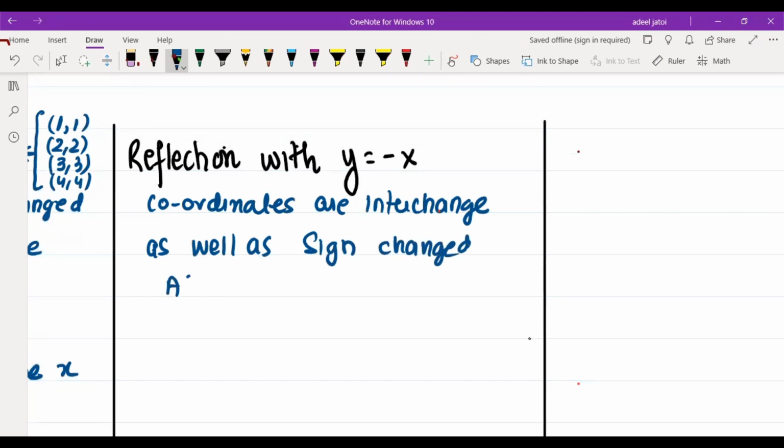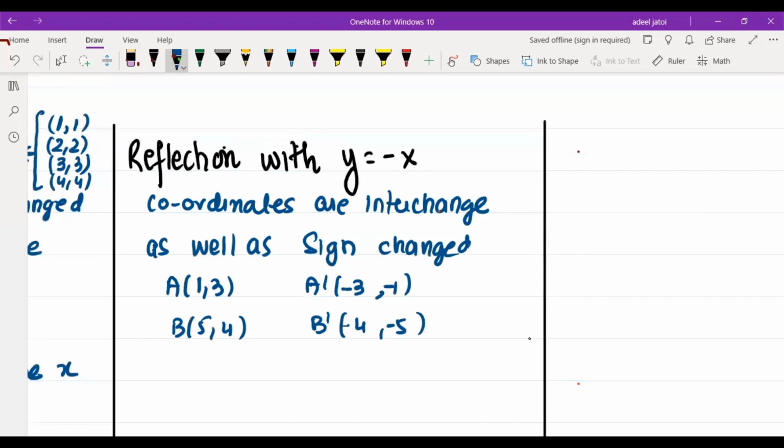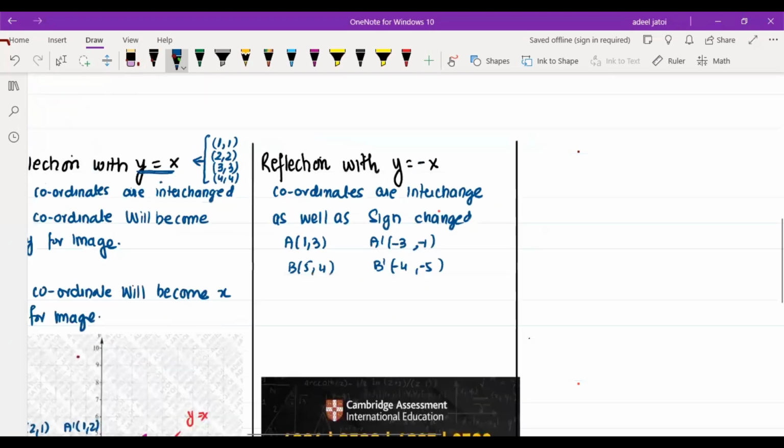Example to this, let's say that we have 1 comma 3. So A dash will become 3 comma 1, but the signs will change. This will become minus 3, minus 1. If B is 5 comma 4, so B dash will be 4 comma 5, but the signs will also be changed as negative 4 and negative 5.